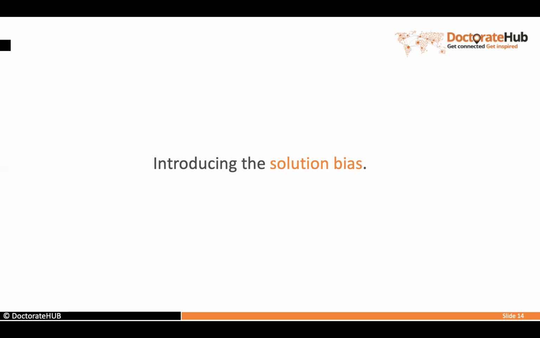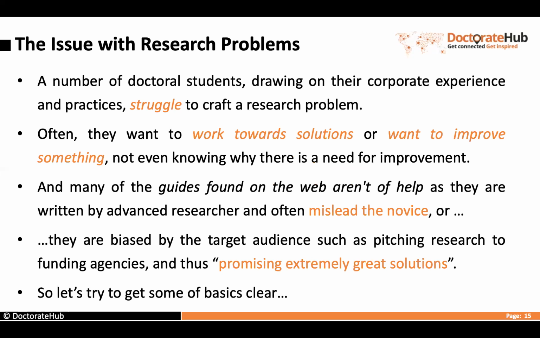So what is a solution bias? Now, the point here is that it is very tempting to work towards a solution and to improve something, because ultimately, this is what you are expected to do on a day-to-day basis. So wherever you look, your first way of seeing things is what is not working, now let's fix it.